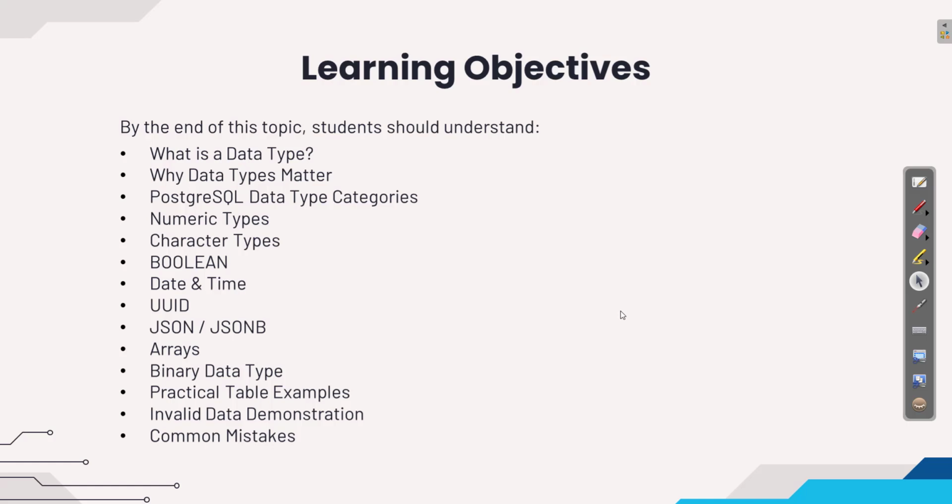Okay, learning objectives. What is a data type? Why do data types matter? PostgreSQL data type categories: numeric types, character types, BOOLEAN, date time, UUID, JSON or JSONB, arrays, binary data type.